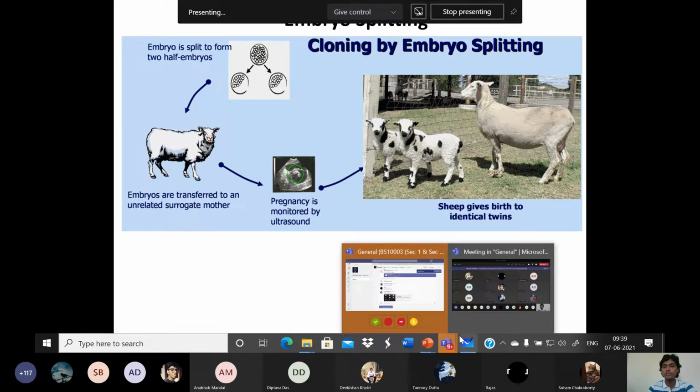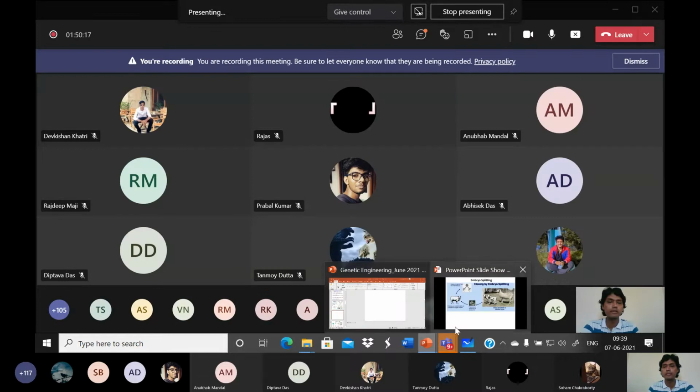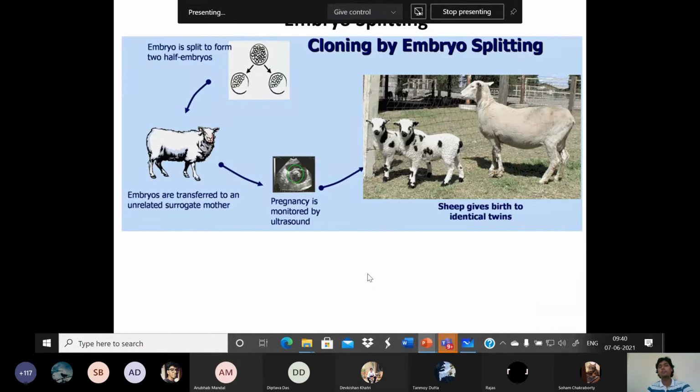So if you see here, this is embryo splitting, that is, cloning by embryo splitting. After fertilization, the zygote is formed. I told you before, when sperm and ovum fuse together, that is called zygote.